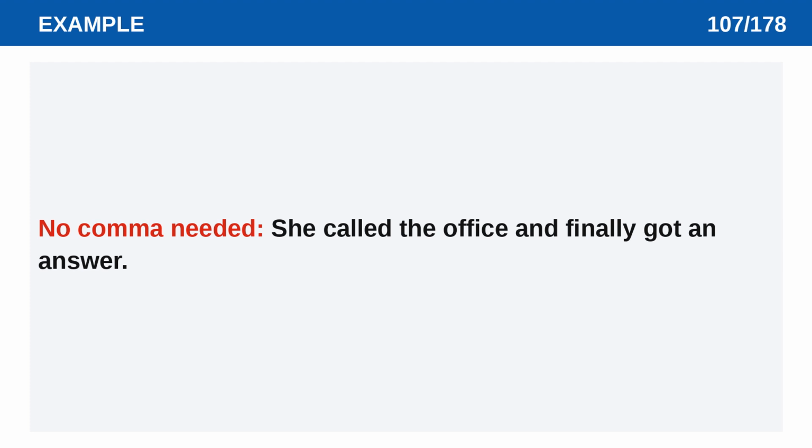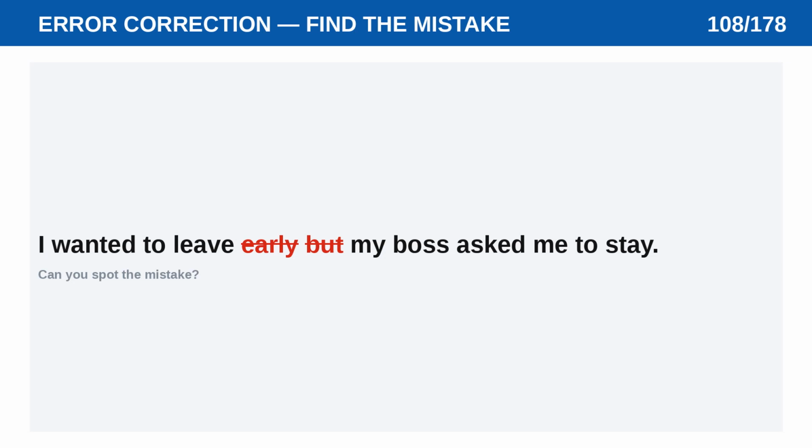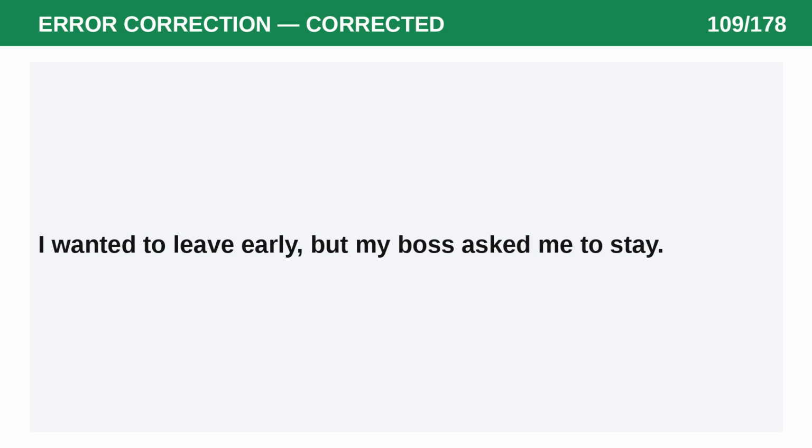Here, there is no comma, because finally got an answer is not a complete sentence by itself, it needs she at the front. I wanted to leave early but my boss asked me to stay. The correct sentence is, I wanted to leave early, but my boss asked me to stay.